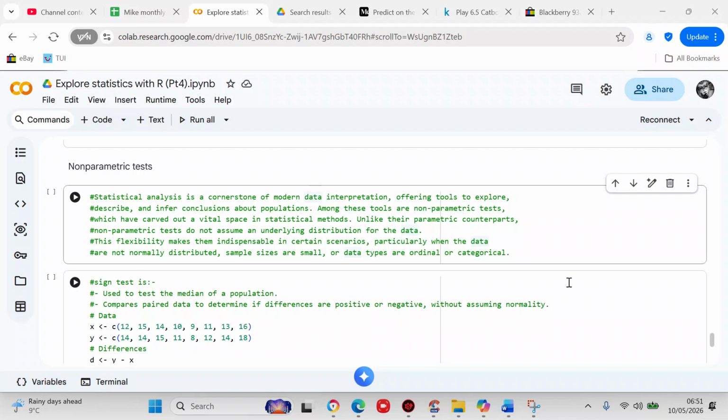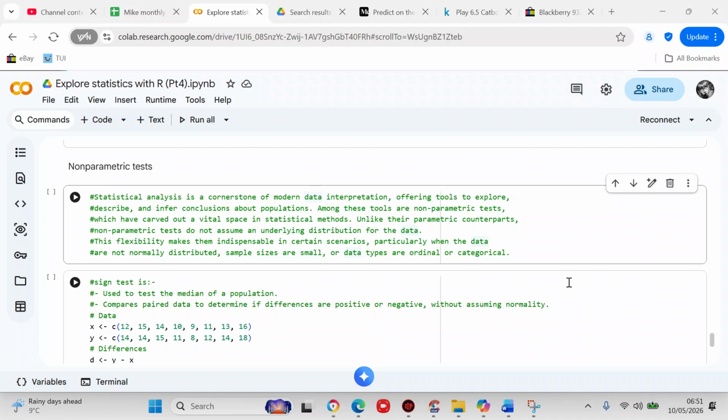Statistical analysis is a cornerstone of modern data interpretation, offering tools to explore, describe, and infer conclusions about populations. Among these tools are nonparametric tests, which have carved out a vital space in statistical methods.